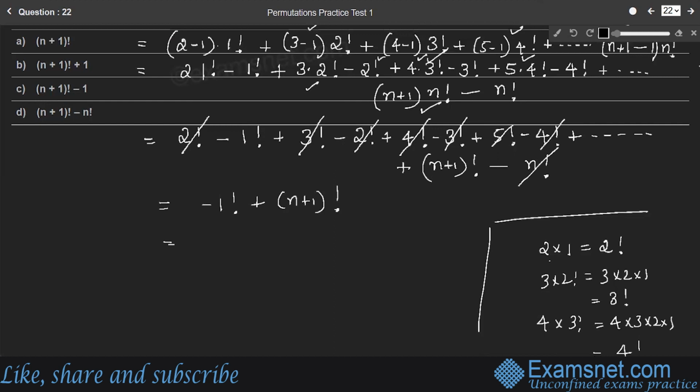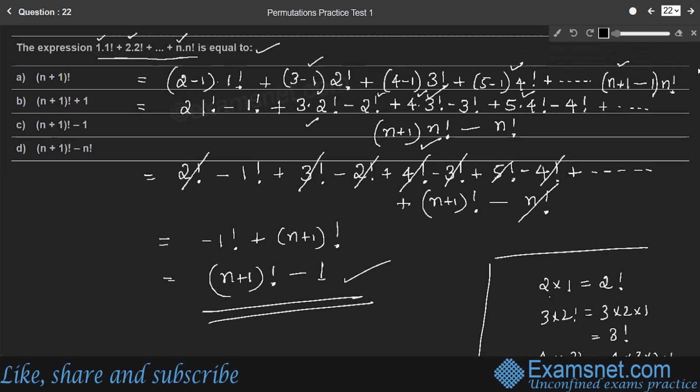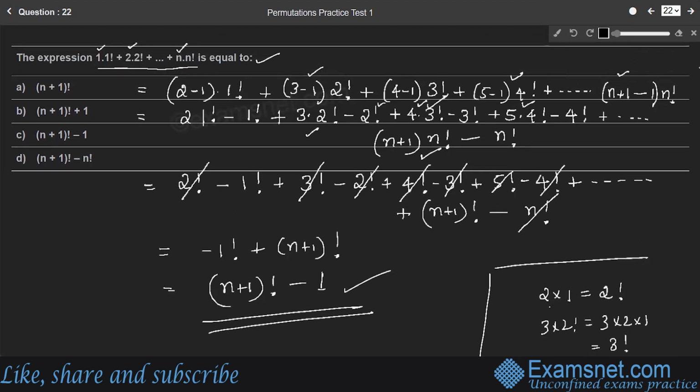So n plus 1 factorial minus 1 factorial is minus 1 itself. Therefore, the final answer is factorial n plus 1 minus 1. Looking at the options, option C is the right answer. n plus 1 factorial minus 1 is the final answer.